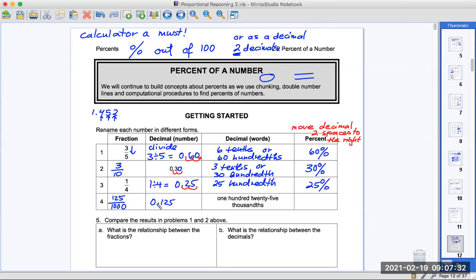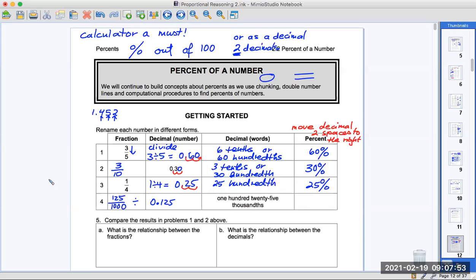I want you to try to divide yourself, okay? Don't just copy what I'm saying. Use your calculator. Put in 125 divided, which is this symbol, 1,000, and then push equal and see if you get this number, okay?